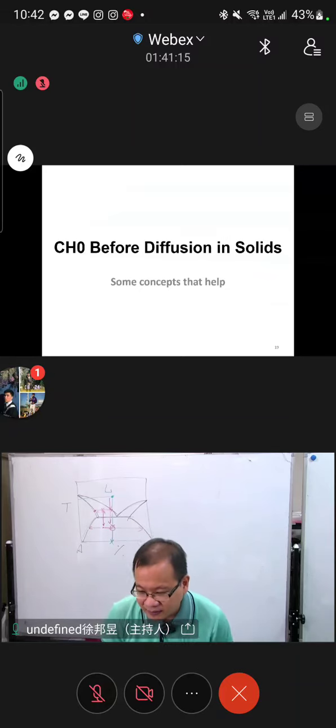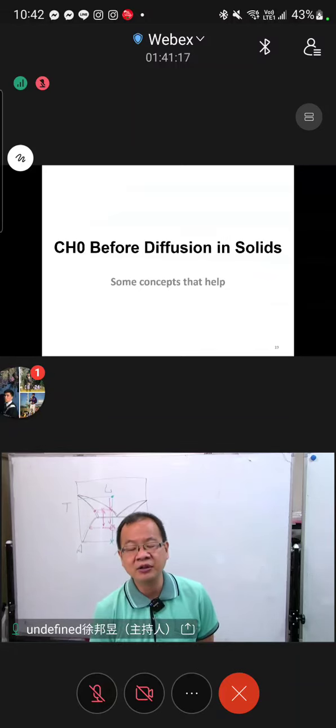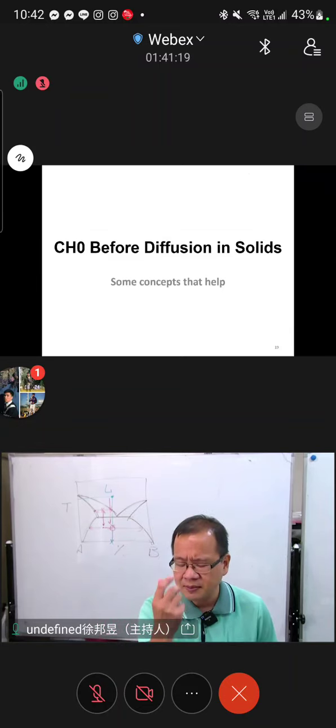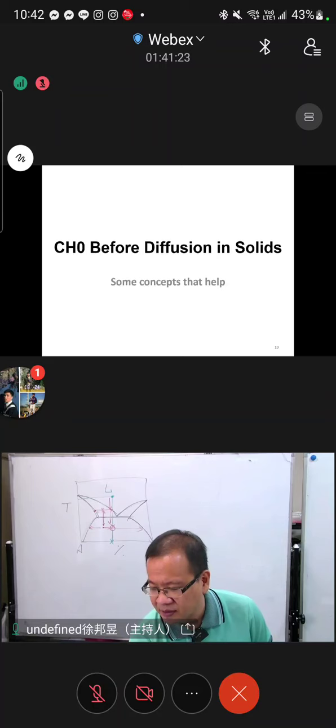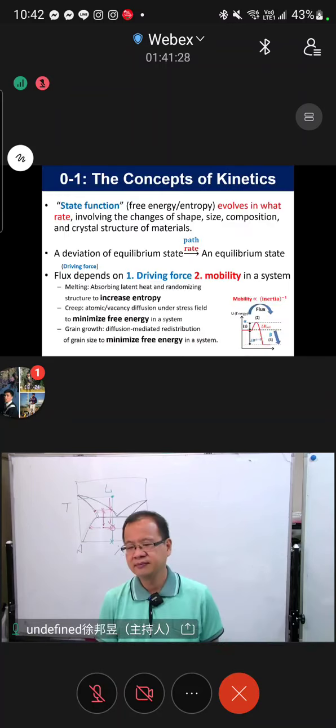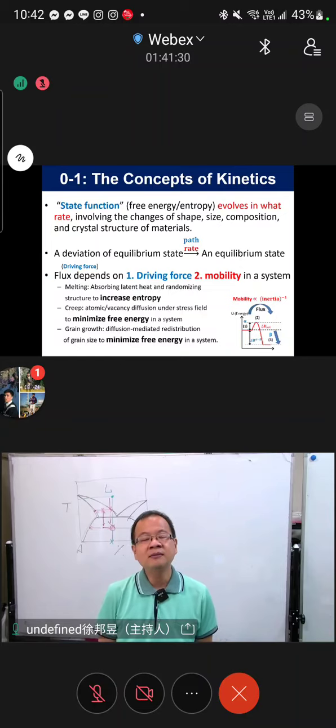Okay. So I think we are almost done with the introduction, but a tiny bit of concept is left. So let's think about diffusion in solids. The bottom right corner is just a repeating picture, just like the previous page. So let us think about the state function.